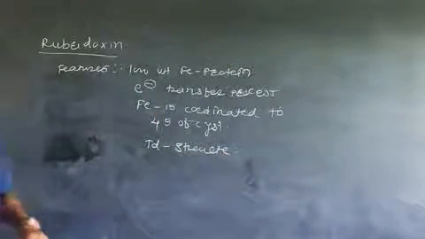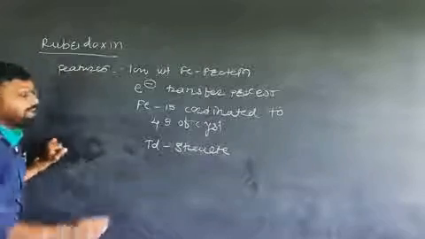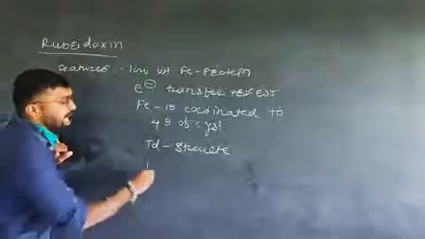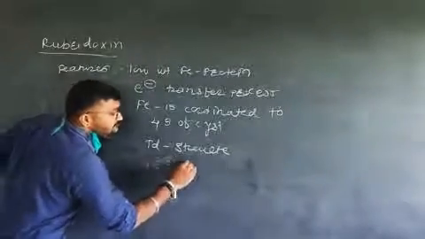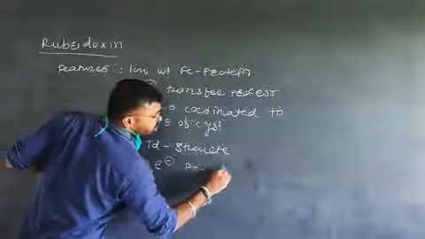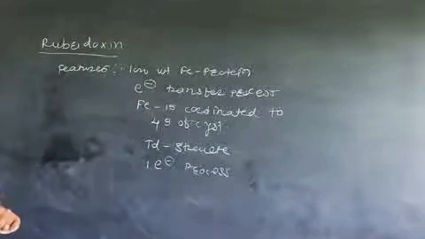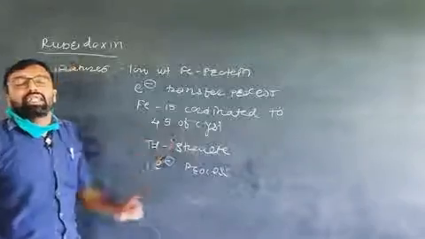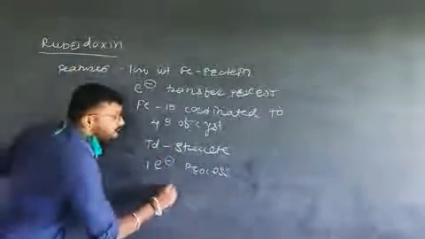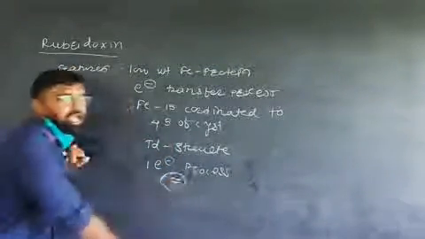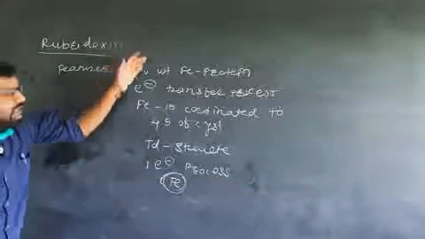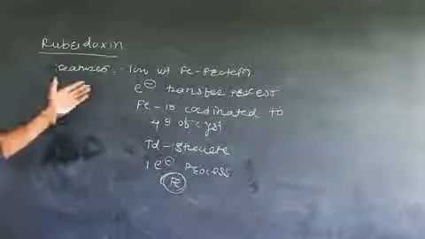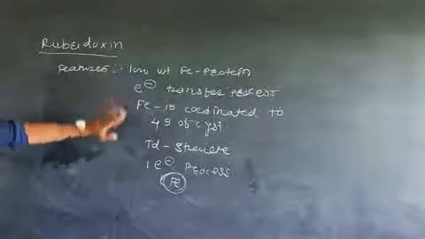The main function is that rubredoxin plays an important role in one electron transfer process. That means via rubredoxin, one electron is transferred, and that electron is transferred by Fe. These are the general features of rubredoxin about the structure, role and function.